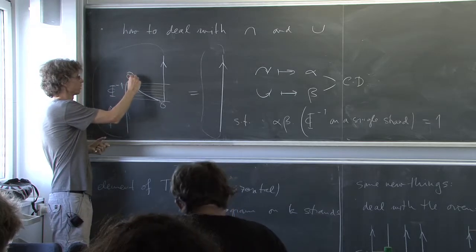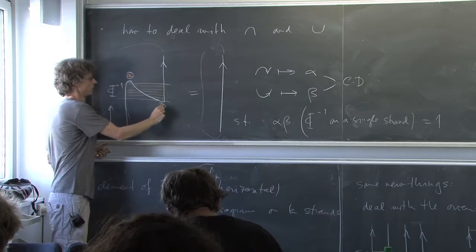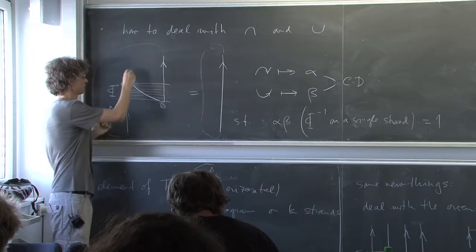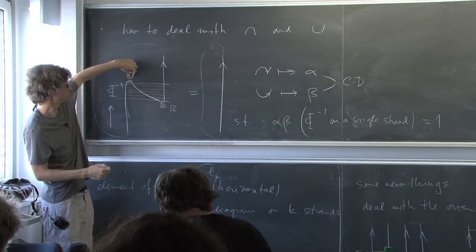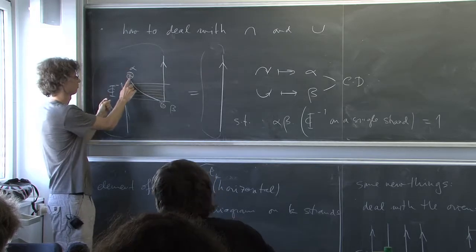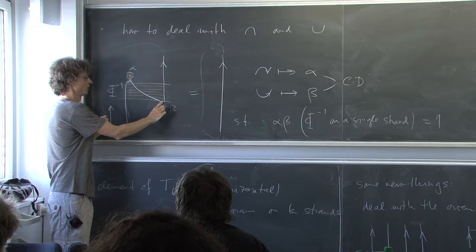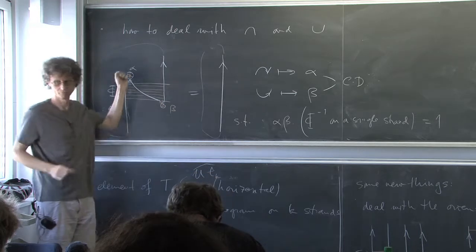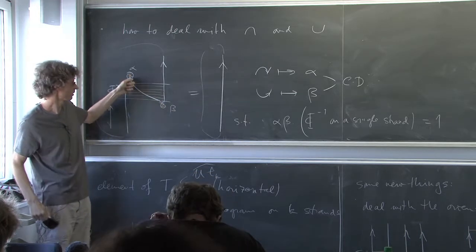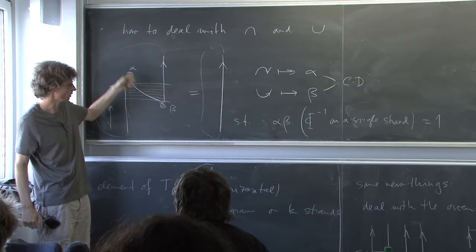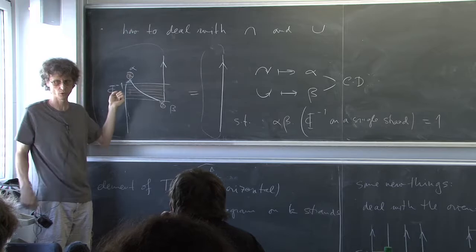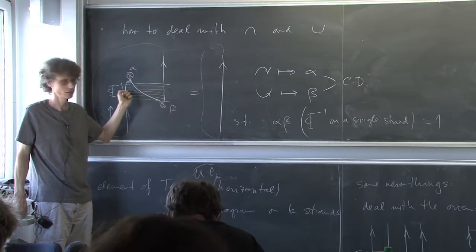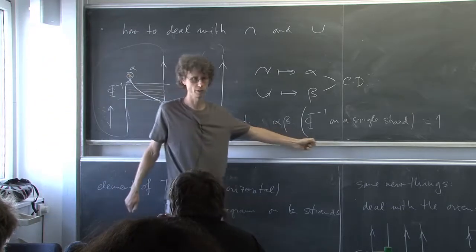I can put it this way: I have here some alpha and here some beta. Putting that alpha here just means that I open it and do that thing, open it here, do that thing. And now the statement is that the product of alpha, beta, and phi inverse is a commutative algebra, so it doesn't matter in which order I multiply. This thing should be equal to 1.